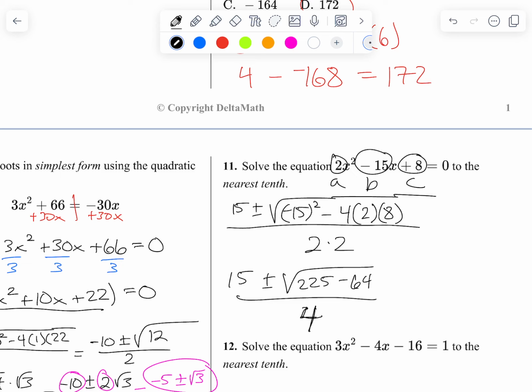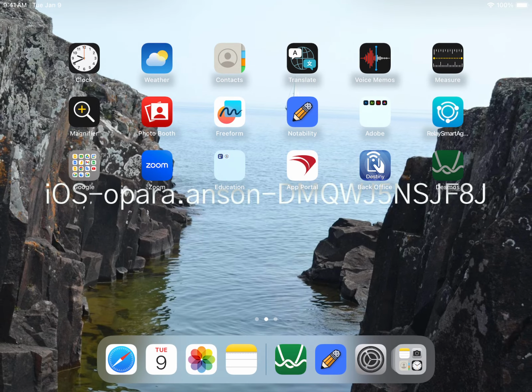And 225 minus 64 is 161. And they want it to the nearest 10th, so I'm just going to use Desmos. So here I go with Desmos.